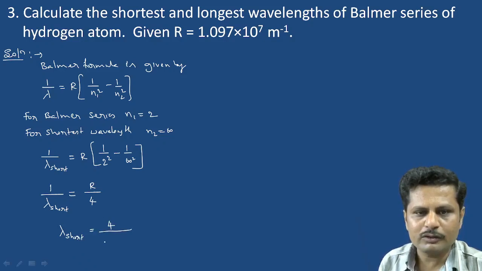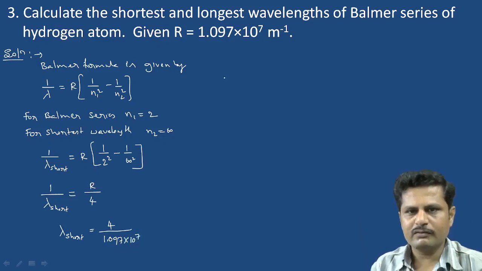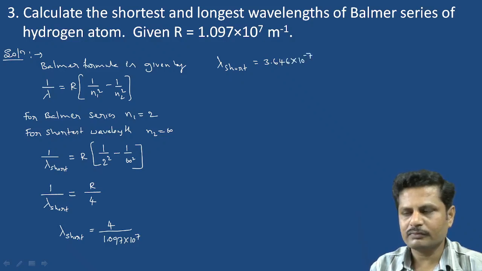Here R equals 1.097 into 10 raised to 7. Simplifying, we get lambda shortest, that is the shortest wavelength, equals 4 divided by 1.097 into 10 raised to 7, that is equal to 3.646 into 10 raised to minus 7.